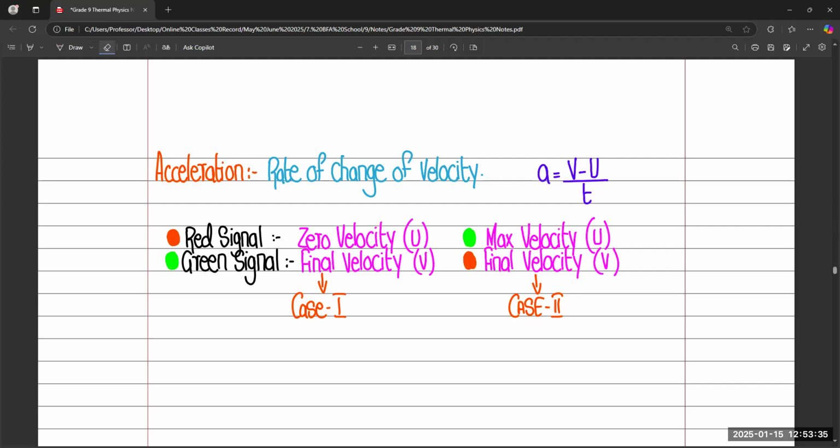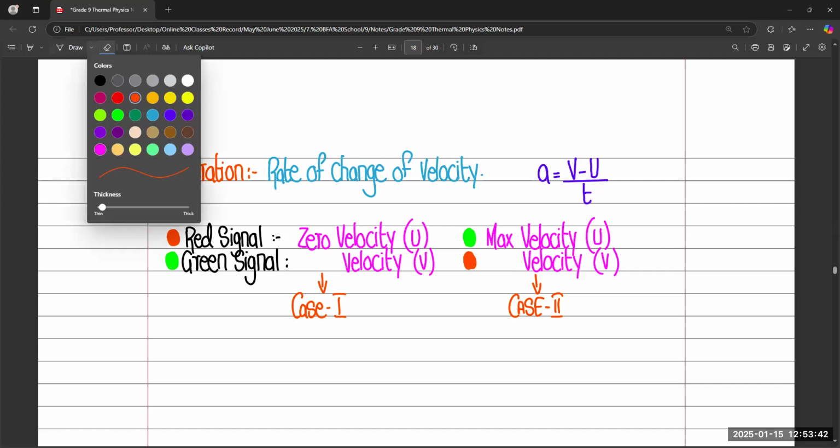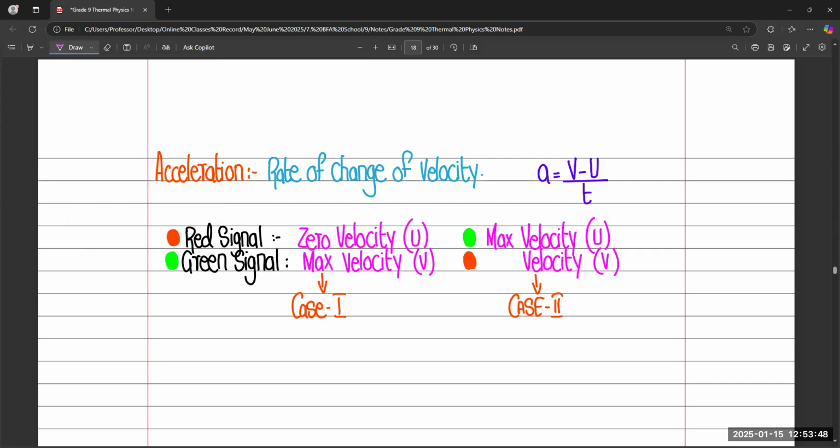We can say this is equal to zero, maximum zero. So in case number one, acceleration is positive, and in case number two, it is called deceleration.